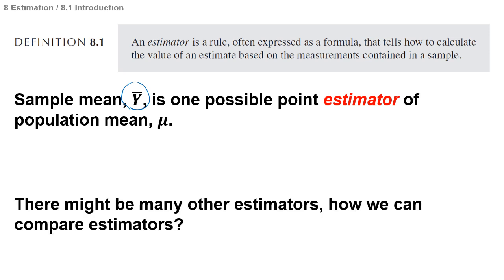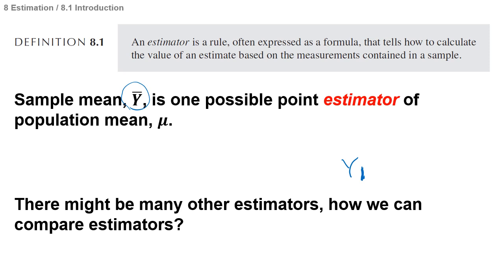Actually, there might be many other estimators rather than y bar. Probably we can just use y1, just take the first sample and say that this is my estimate. That's also an estimator. So there might be many other estimators, but which estimator would be better?